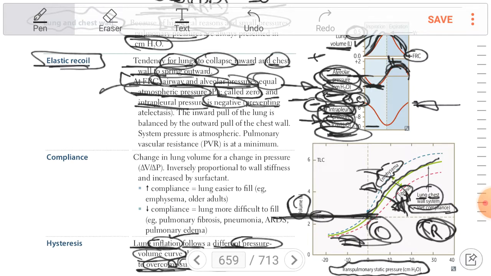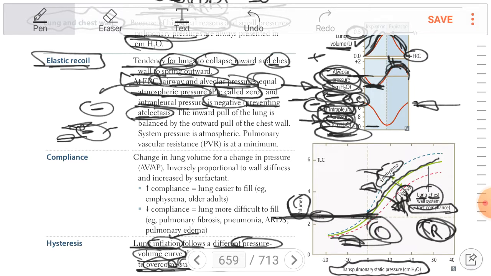Then preventing atelectasis. What is atelectasis? Collapse of the lung. Why? Because the lung is collapsing in expiration, and the negativity between the chest wall and the lung prevents the collapse of the lung.